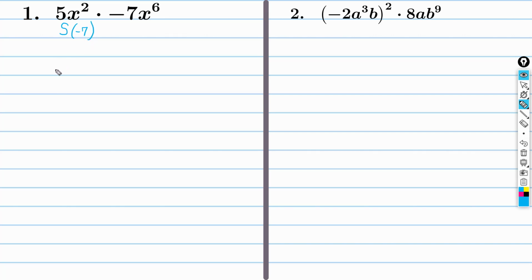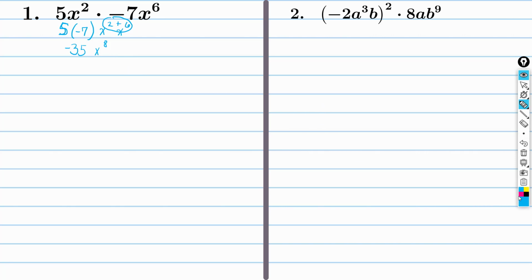The only thing I have in this problem is multiplication, so I can regroup my multiplication together, where the variables are together and the coefficients are together. So 5 times negative 7 is negative 35. We would take these two exponents and add them, giving us x to the 8th.